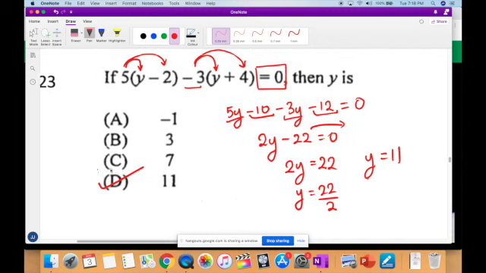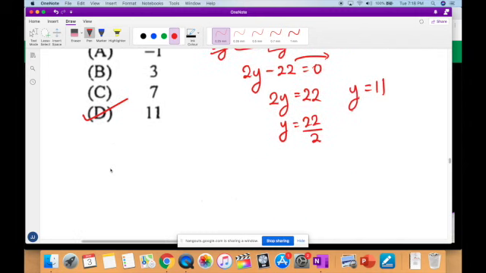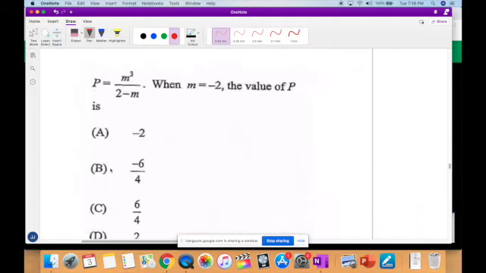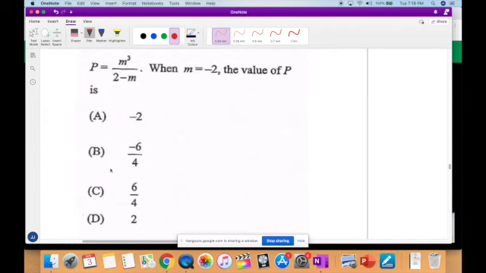Once you see brackets and things, then distribute. This one here is just another matter of simple substitution, but it does have a little trickery in it. They say that m is -2, so they want you to find the value of p. So p is equal to m cubed all over 2 minus m.